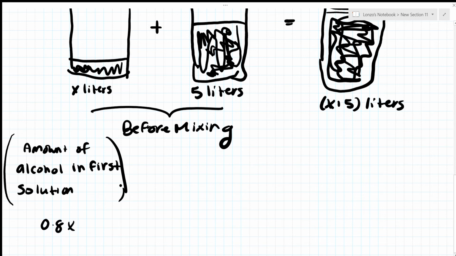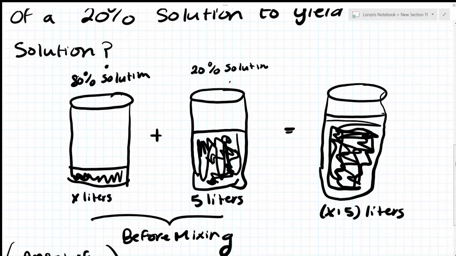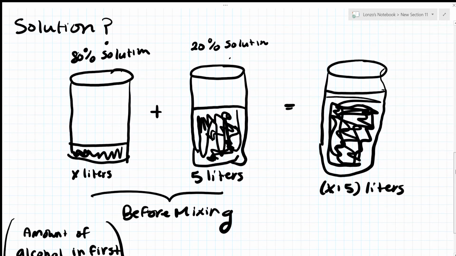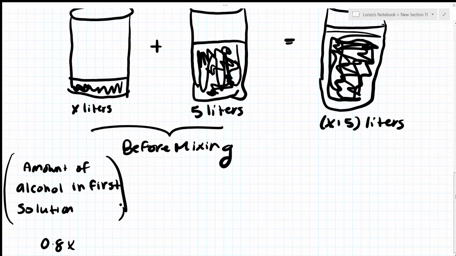How I got that is, how do you write 80% in decimal? You move the decimal two places to the left, so you get 0.8. So it's 0.8 and then it's the x, right? 0.8 times x is just 0.8x.